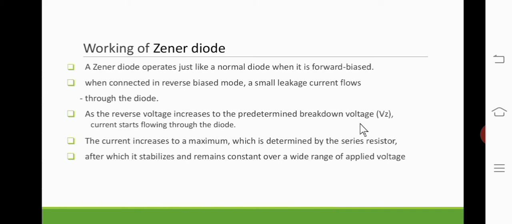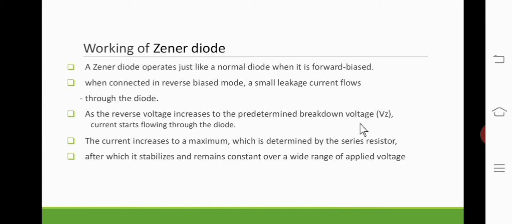Okay, I hope you understood what we mean by the breakdown voltage. Let us revise once again. What do we mean by the breakdown voltage? If the diode is reverse biased and we apply voltage to that reverse bias, the reverse bias across the PN junction is increased.